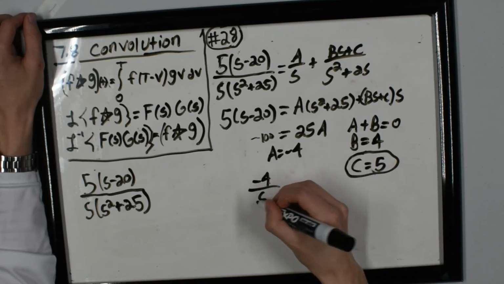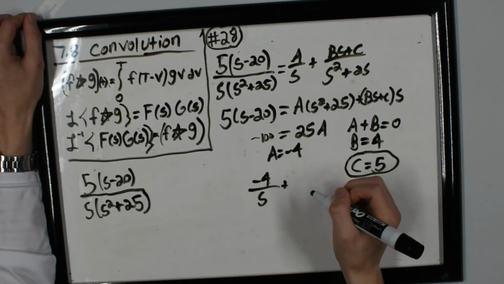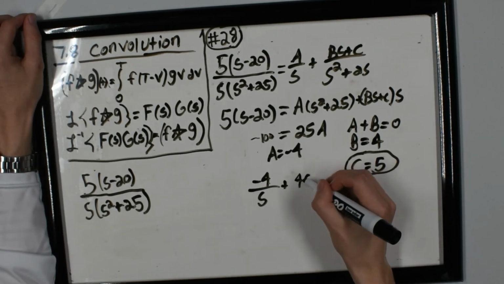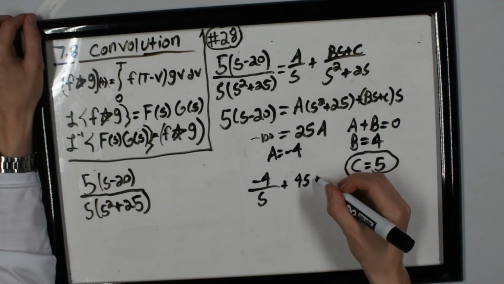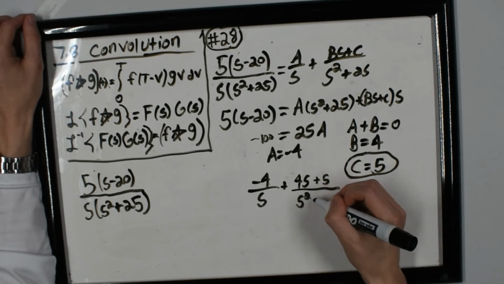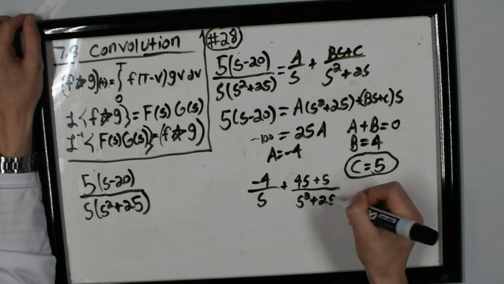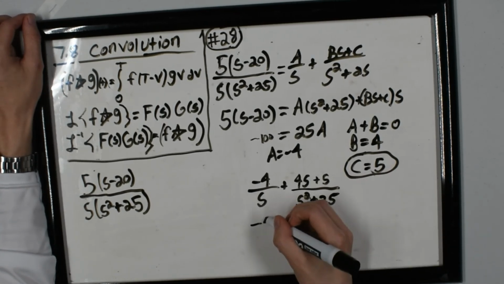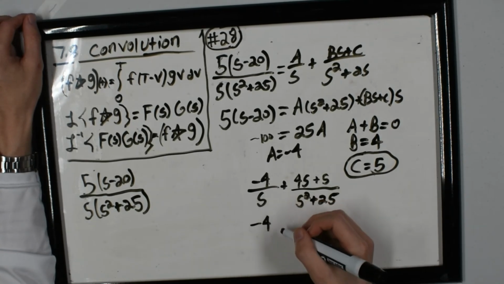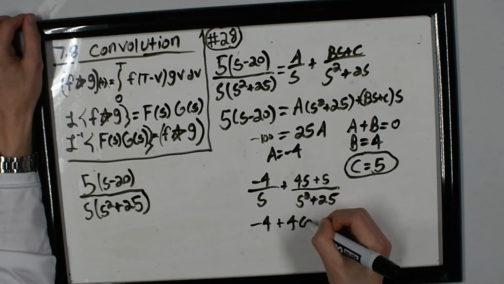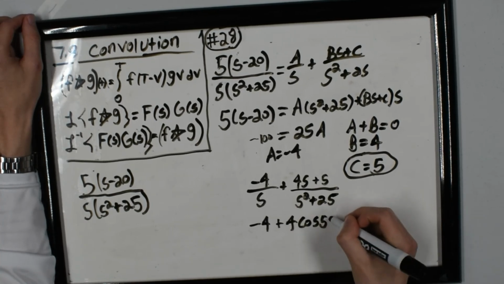So we have negative 4 over s plus 4s plus 5 over s squared plus 25. And then the inverse Laplace transform of this, again, nothing too bad: negative 4 plus 4 cosine 5t.